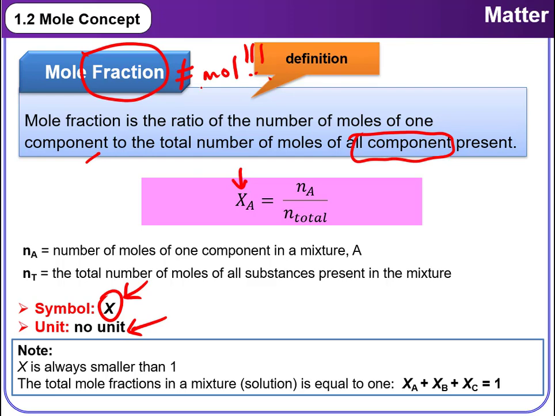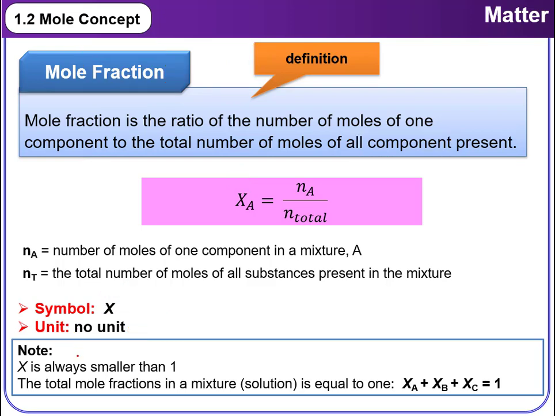Careful, mole fraction is not equal to the number of moles. Mole, yes, you have the unit mole. But when it comes to the mole fraction, there is no unit. Careful. Please note that X, the mole fraction, must always be smaller than 1.